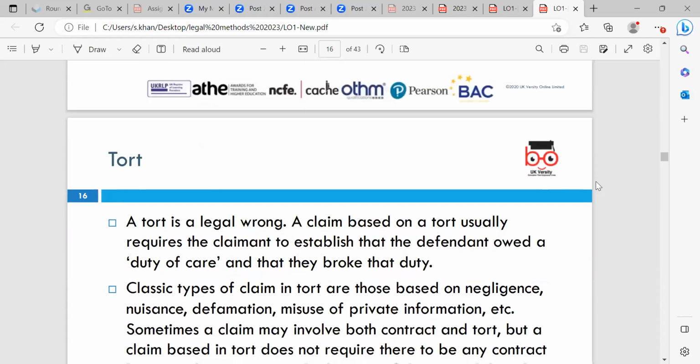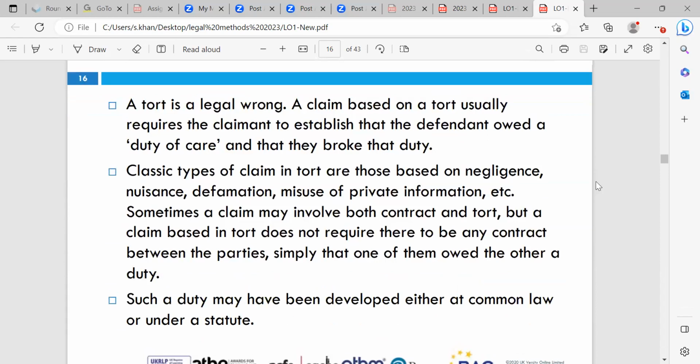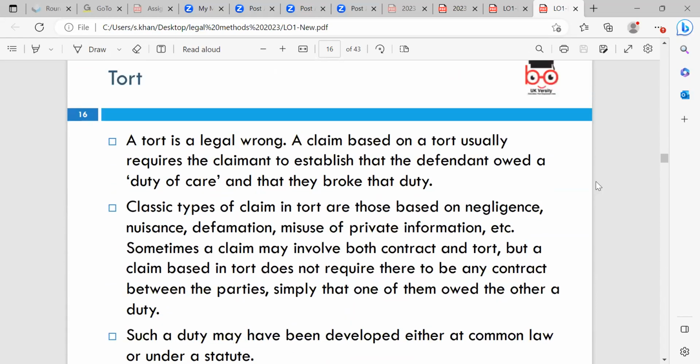So the law of tort. Tort law is a legal wrong. A claim based on tort usually requires the claimant to establish that the defendant owed a duty of care and they broke that duty. For example, in negligence cases, you as a doctor have a duty of care to your patient, don't you?